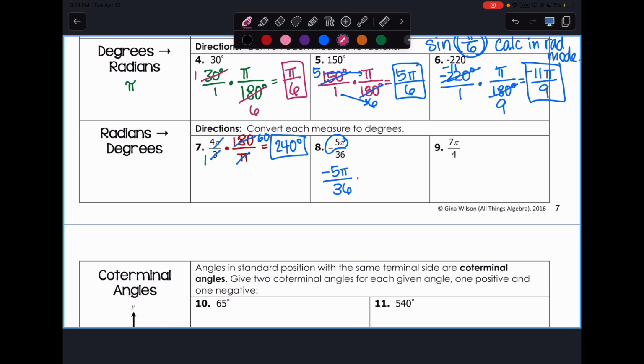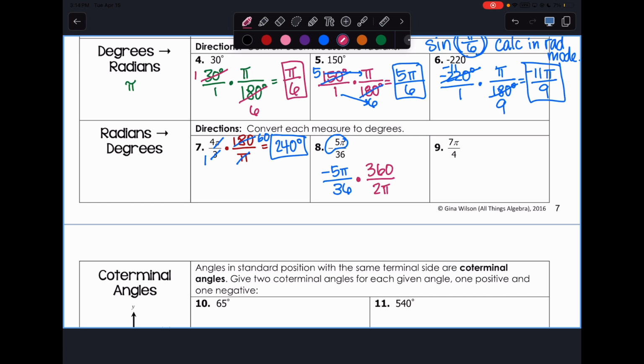What would I multiply this with? 180 over pi. But can I also use a different equivalence? 36. I've seen 36 somewhere. Right? So instead of using this, just to make my math simplifying easier, I could use 360 to 2 pi. Right?